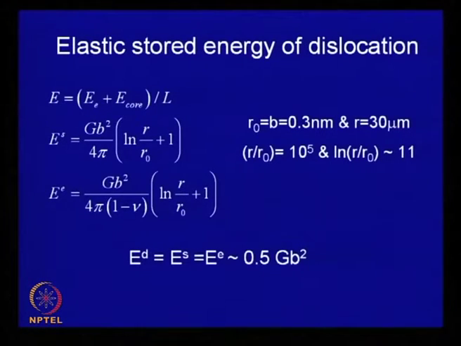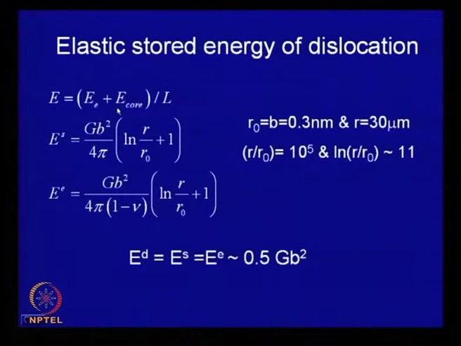Now, a few points on the elastic stored energy of the dislocations. When we look at the elastic stored energy of a dislocation, there are two parts. A part of the energy is stored inside the hollow core, so within the core of the dislocation there is some amount of energy stored, and apart from the core, from the core to the boundary of the crystal, there will be some amount of energy stored.